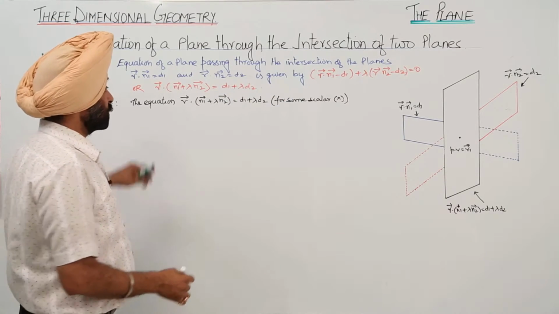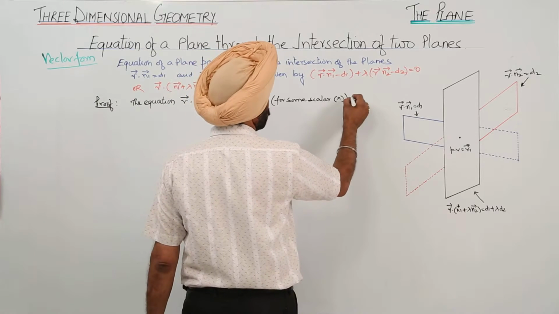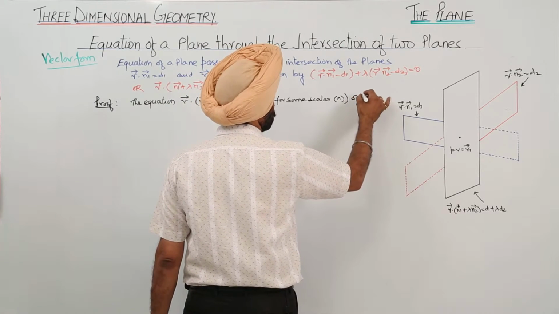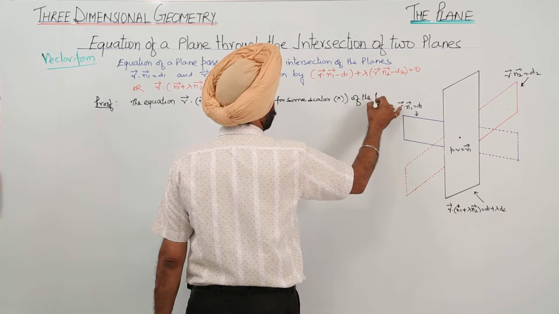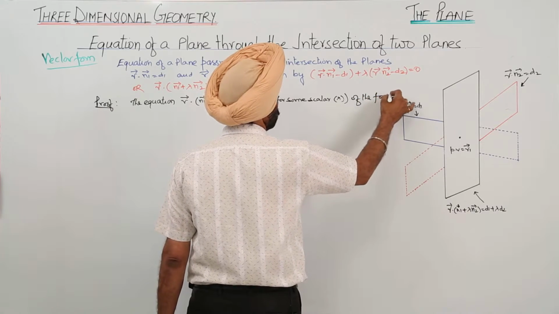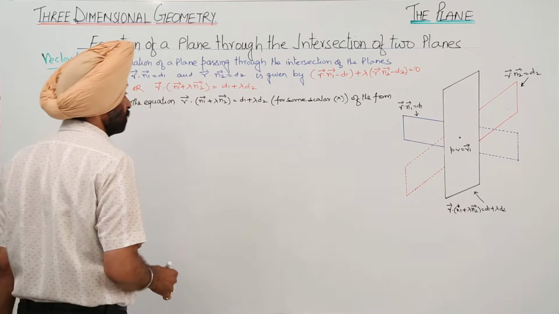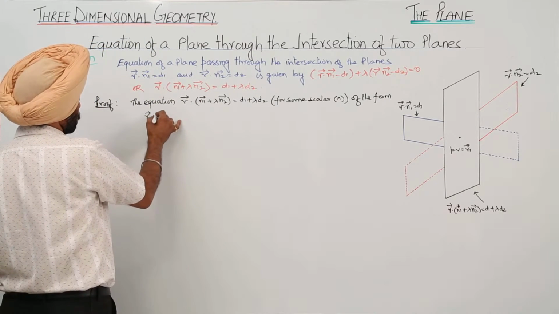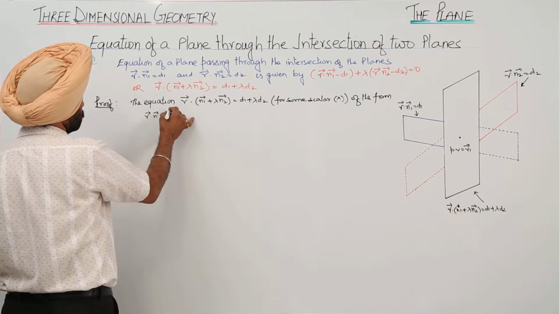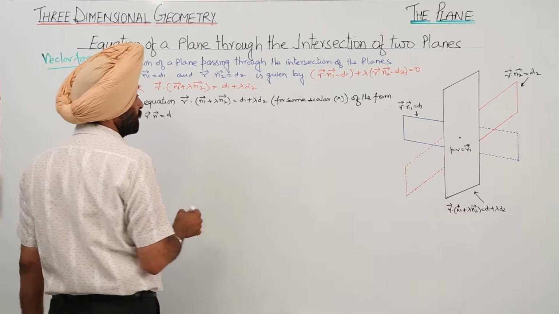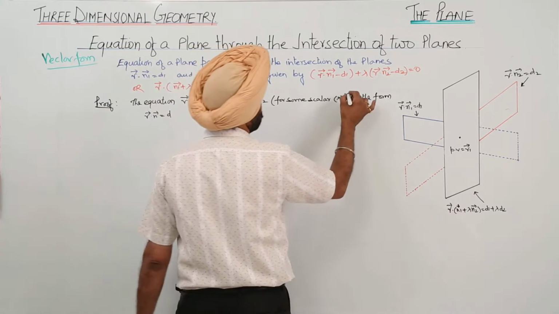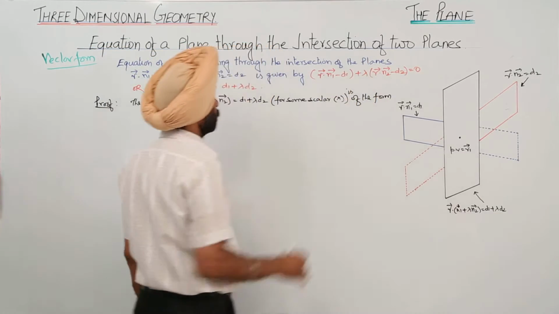Now the equation of the form vector r dot vector n is equal to d is of the form.